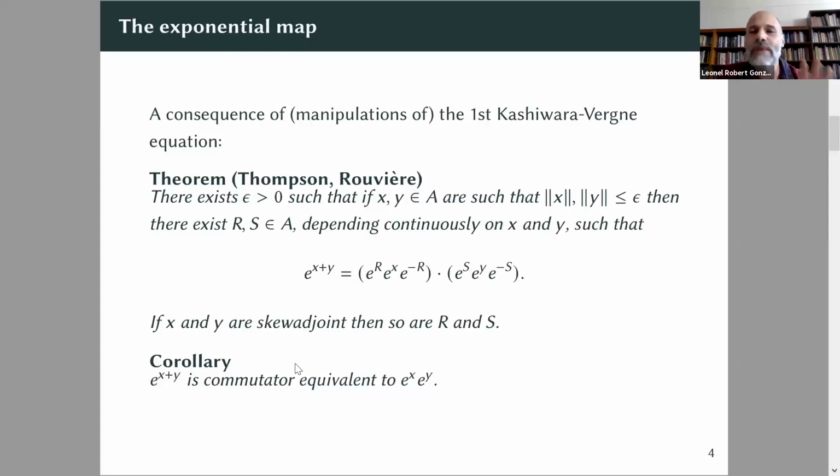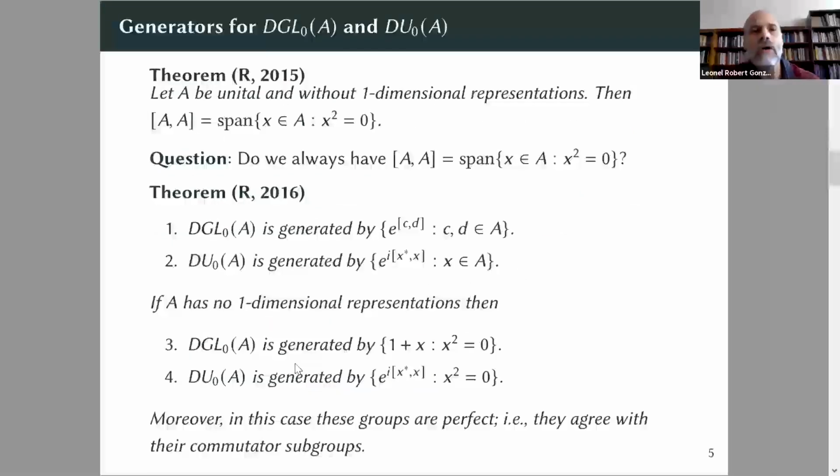Now, I will not make it explicit how this comes up in the theorems that follow, but it is just a little machine that one uses all the time. Okay, so let me just mention quickly a theorem of mine.